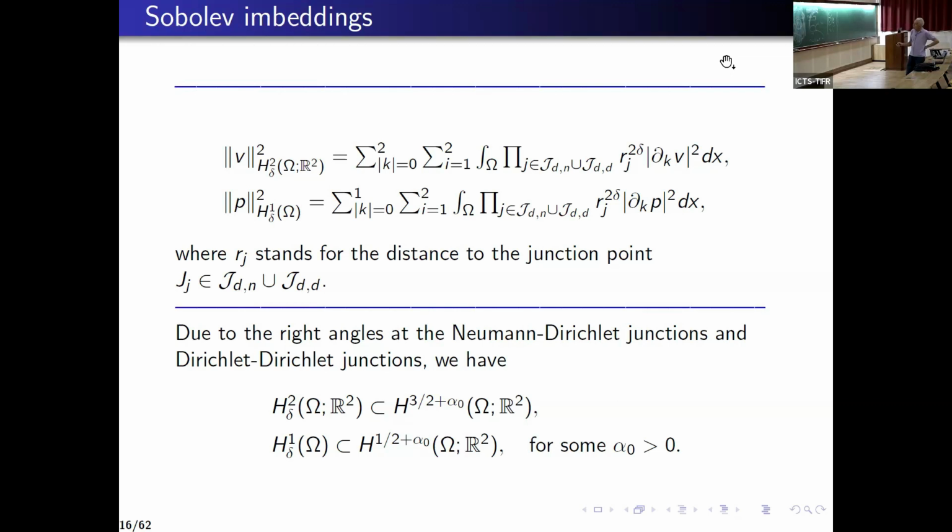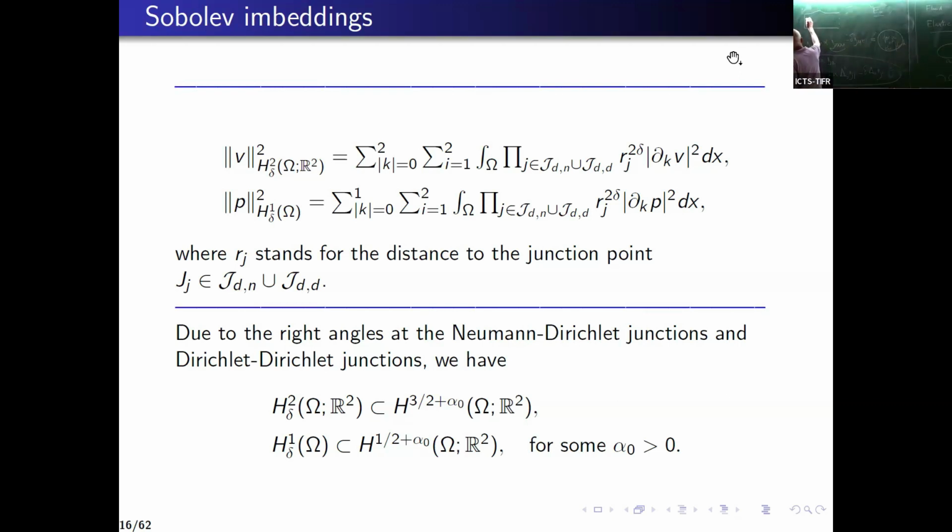So when I take the derivative of V, for example, the second derivative of V, it's not exactly in L2, but it's in L2 if I put the weight here, R_j to the power 2 delta. Okay, what is R_j?